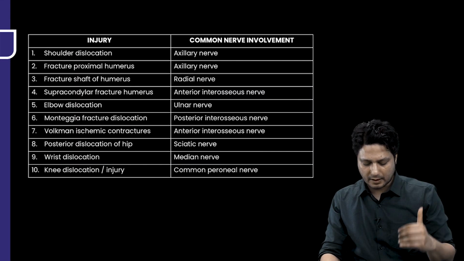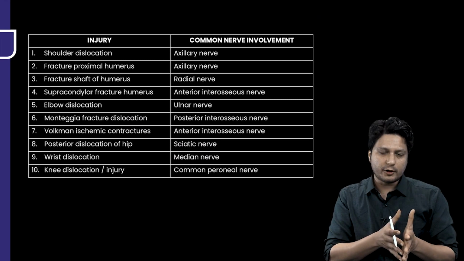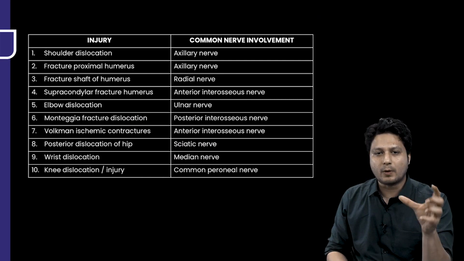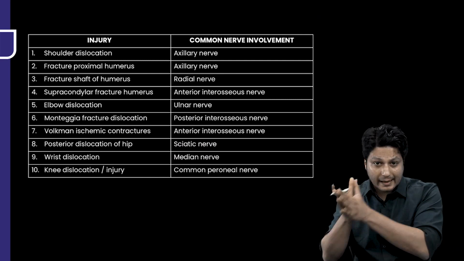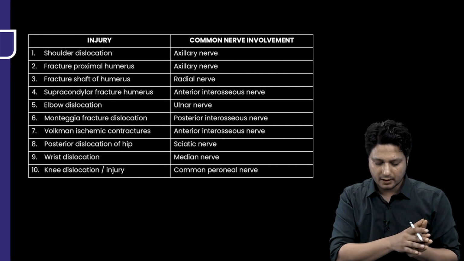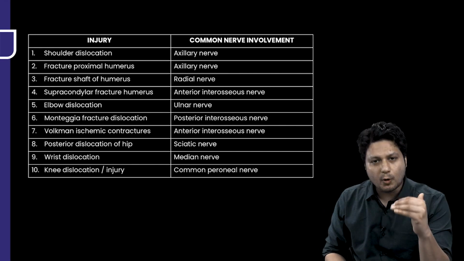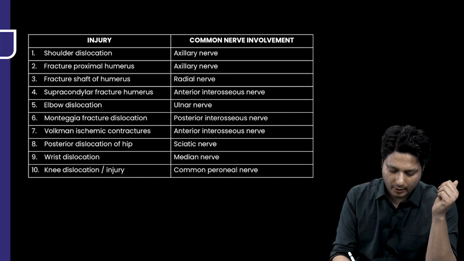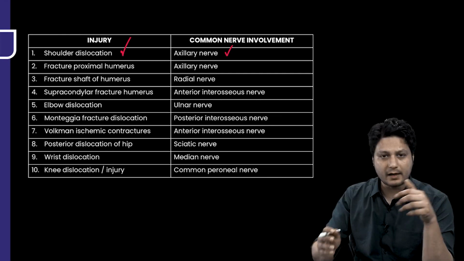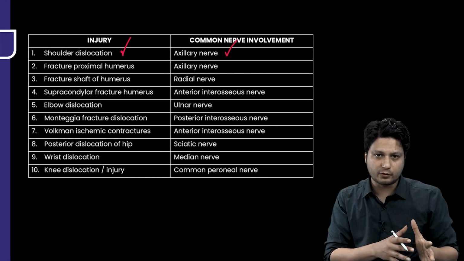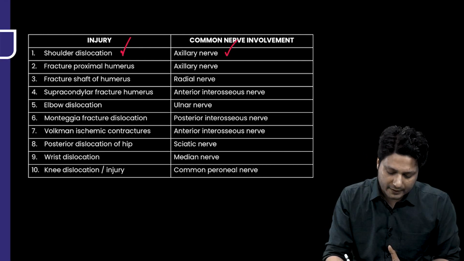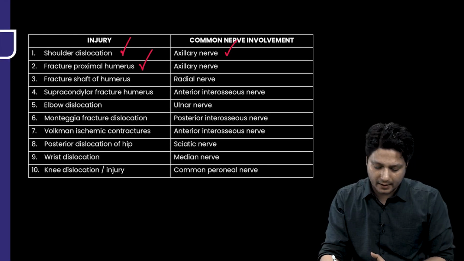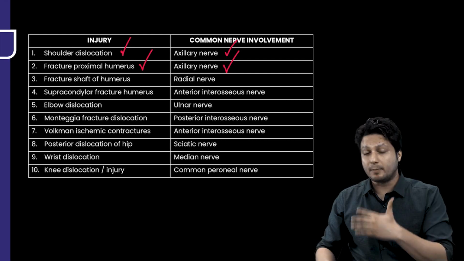Now, this is something important for you, because again and again they ask this question: what is the name of the nerve which is likely to get injured with this particular fracture? Till this point, we have talked about shoulder dislocation, and we found the axillary nerve is the most common nerve to get injured. Then for fracture of the proximal humerus, we have again talked about the axillary nerve. So this is the kind of table which is going to be repeated again and again.